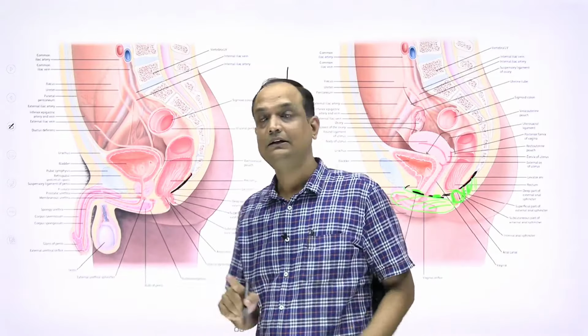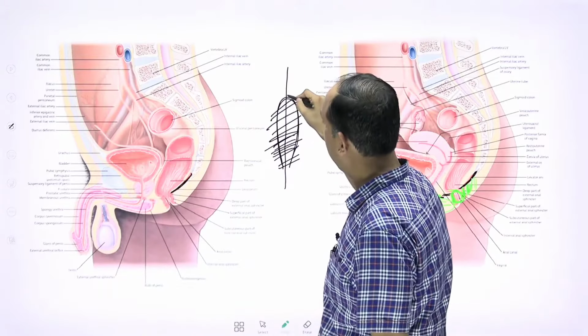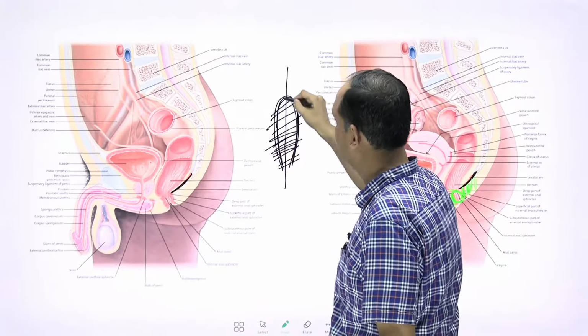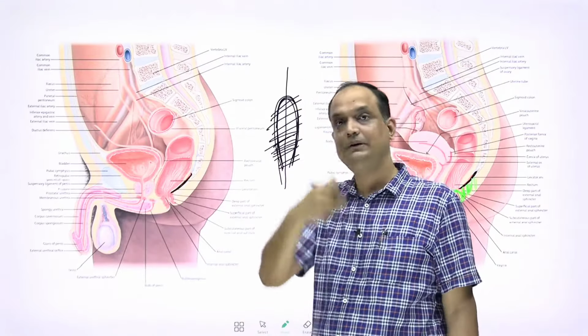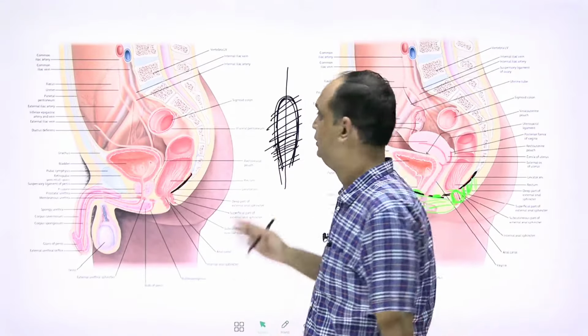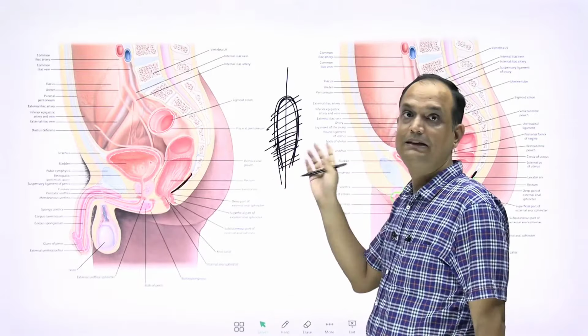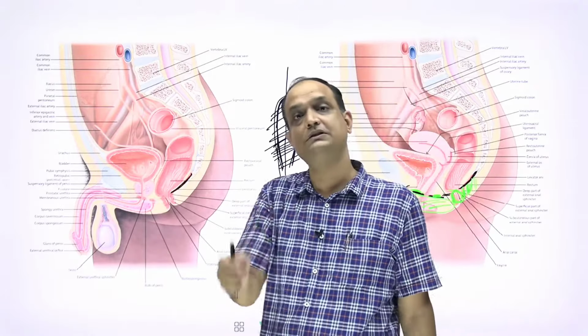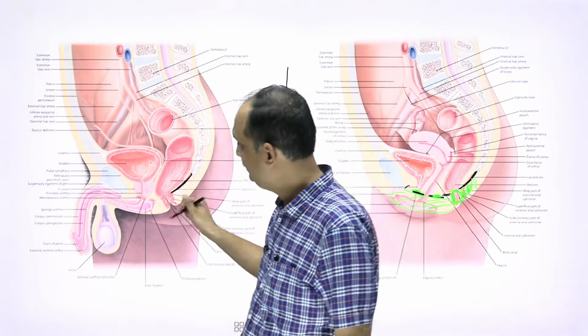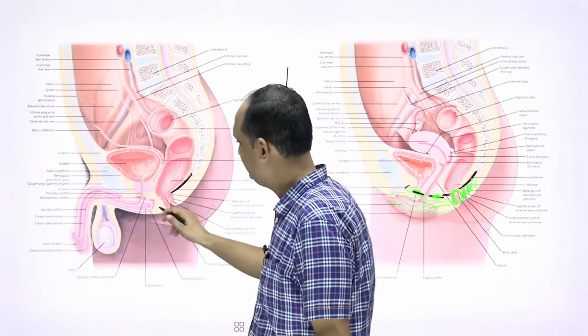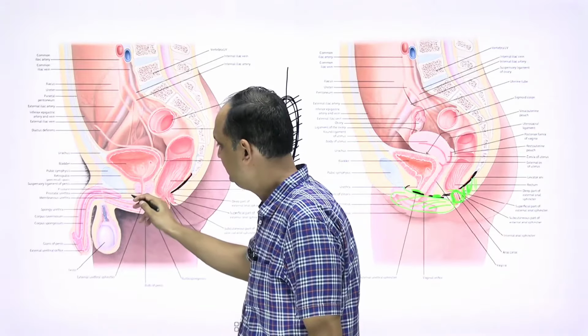It is not like that. The diaphragm is present anteriorly, but because it has the hiatus in the center, when you take the mid-sagittal section you have the gap, and this lower gap is filled by the muscles of the urogenital diaphragm. So these are the muscles of the urogenital diaphragm.